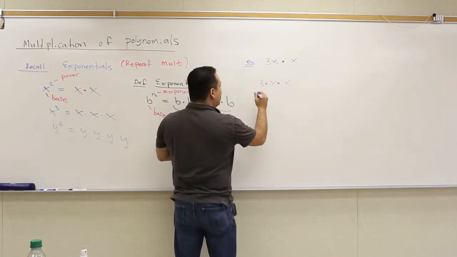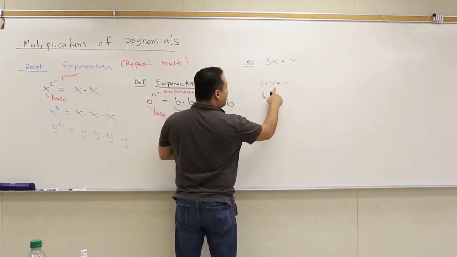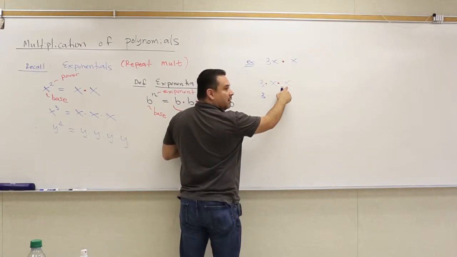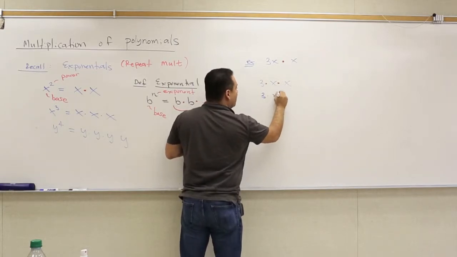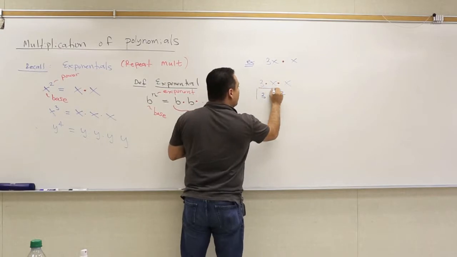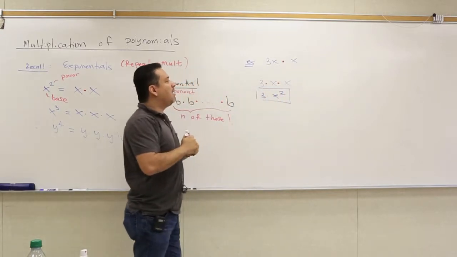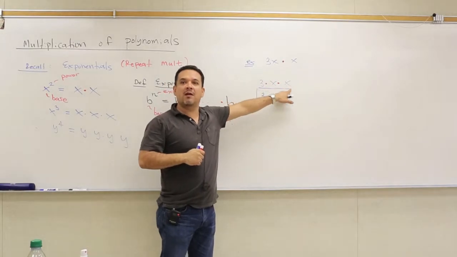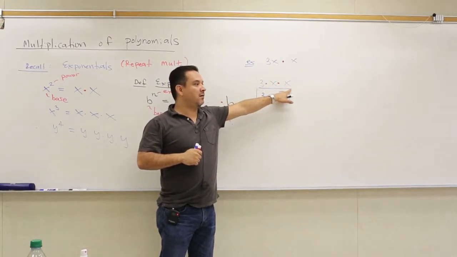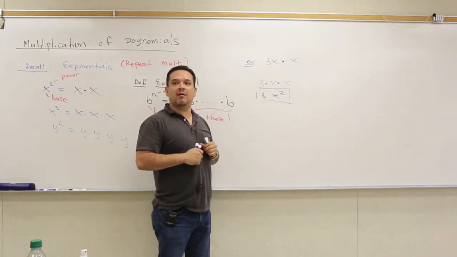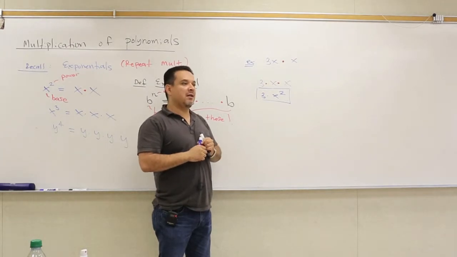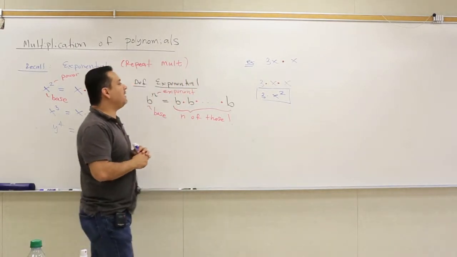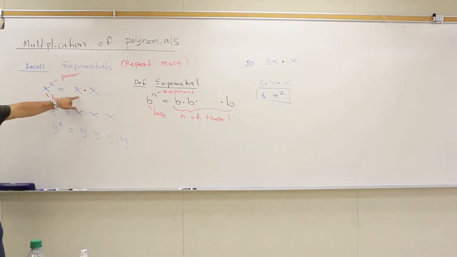And so this becomes 3 times, what should we call that? X to the what? Second power. This is our shorthand because we see repeat multiplication of this base. You guys okay with that? Is that easy or is that hard? Is that pretty easy? Okay, so the idea is that you recognize that you have an exponential.